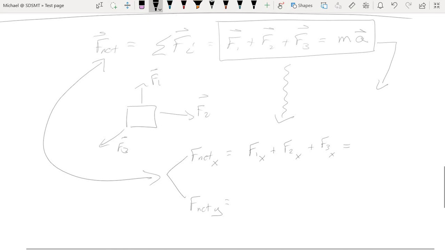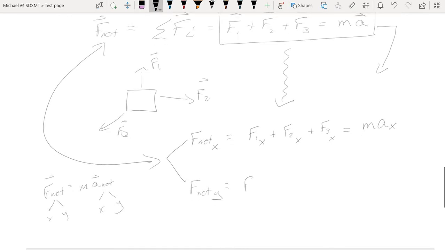But if the net force equals the mass times the acceleration, if the net force has x and y components, then shouldn't the net acceleration also have x and y components? And the answer is yes, it should. And so the combination of all of these x components of force are going to result in telling us how our mass will accelerate along the x direction.